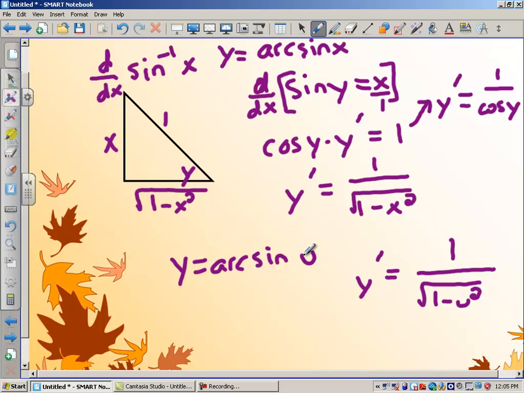We're going to have to follow this up with the chain rule. So we're going to multiply that times u prime. And a lot of times that u prime is just going to sit here instead of this 1. So let's write it like that. We're just going to put the u prime right on top. So that's what you'll need in case the chain rule is needed.